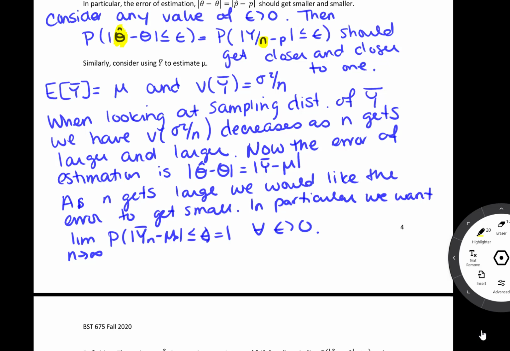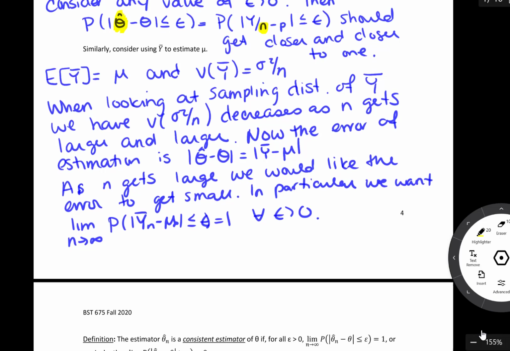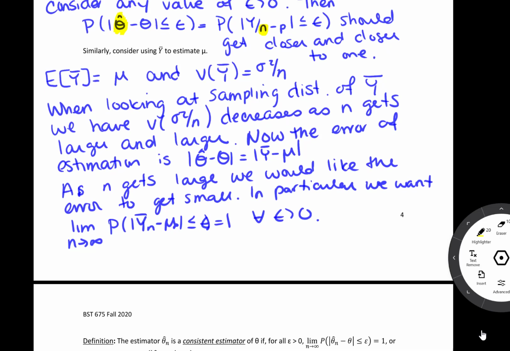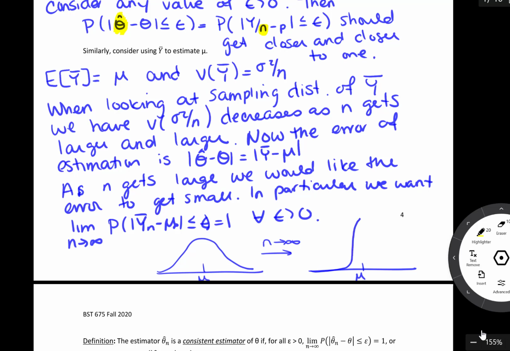And where this is going in terms of our sampling distribution is, one way to think about this is for a small sample, the sampling distribution of y bar might look like this. Whereas as n approaches infinity, that sampling distribution is going to become closer and closer to mu, because the variability is decreasing.